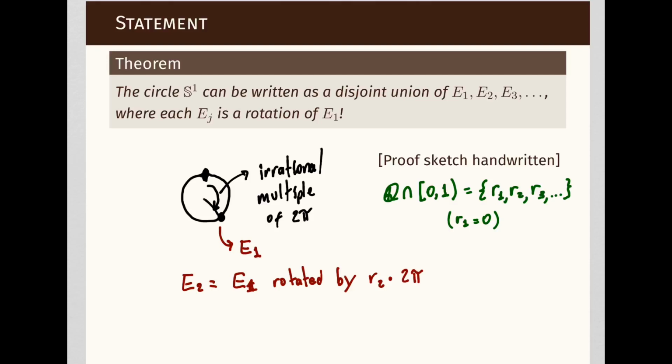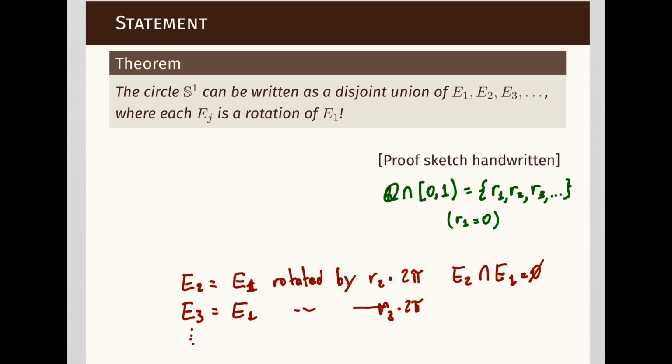Since this was an irrational multiple of 2 pi and R2 is rational, E2 will be disjoint from E1. Now let's make E3 equal to E1 rotated by R3 times 2 pi, and so on. When we do this, we get a family of disjoint sets. However, of course, their union is not the entire circle S1.